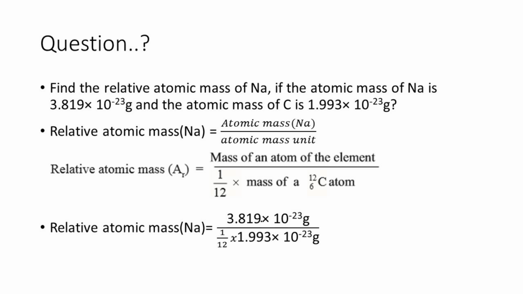The atomic mass of carbon is 1.998 into 10 to the power of minus 23 grams. Find the relative atomic mass of sodium. They might ask you a question like that.